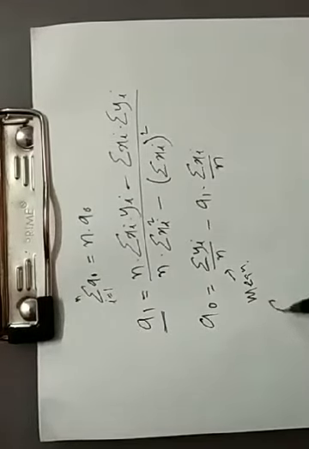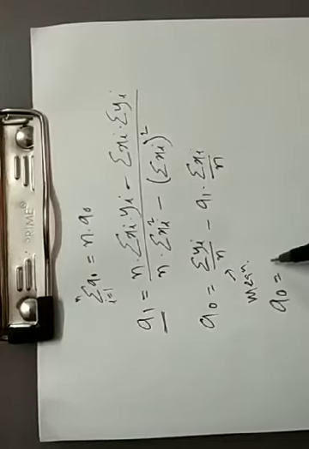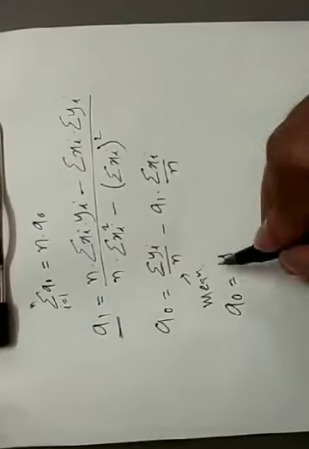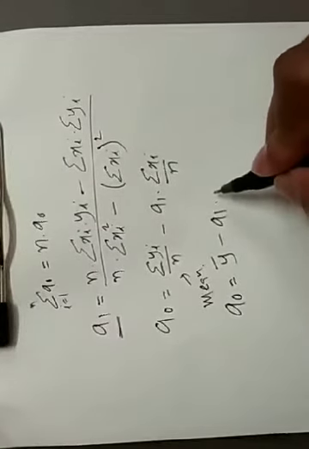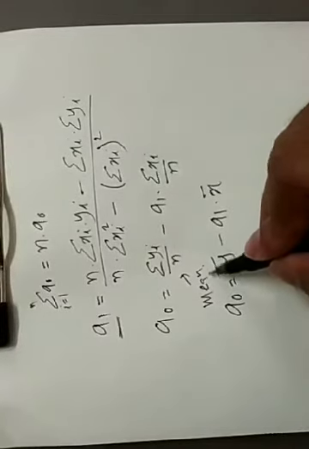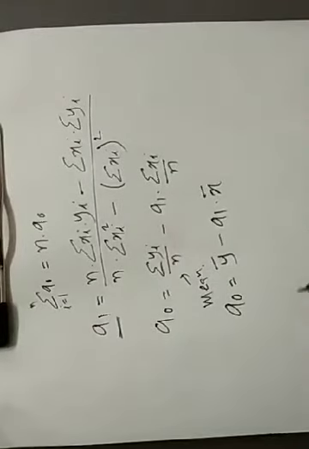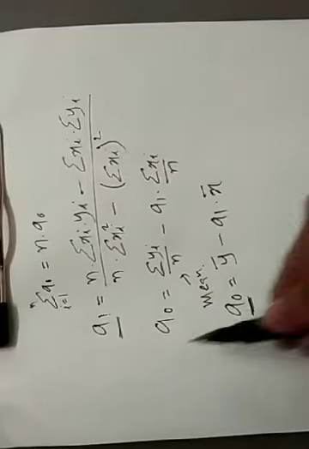So we can write a0 is equal to y bar minus a1 into x bar. x bar and y bar are the means. So now we got a0 also.